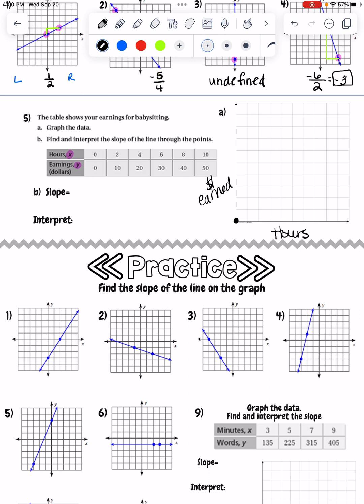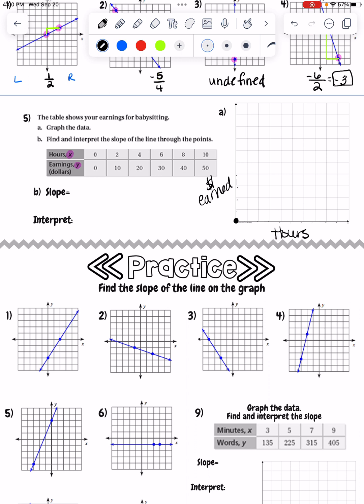At 2 hours, let's see. First of all, what I should have done before I even started this was count off my boxes. 1, 2, 3, 4, 5, 6, 7, 8, 9, 10, 11. All right, so each dot could be 1 hour.